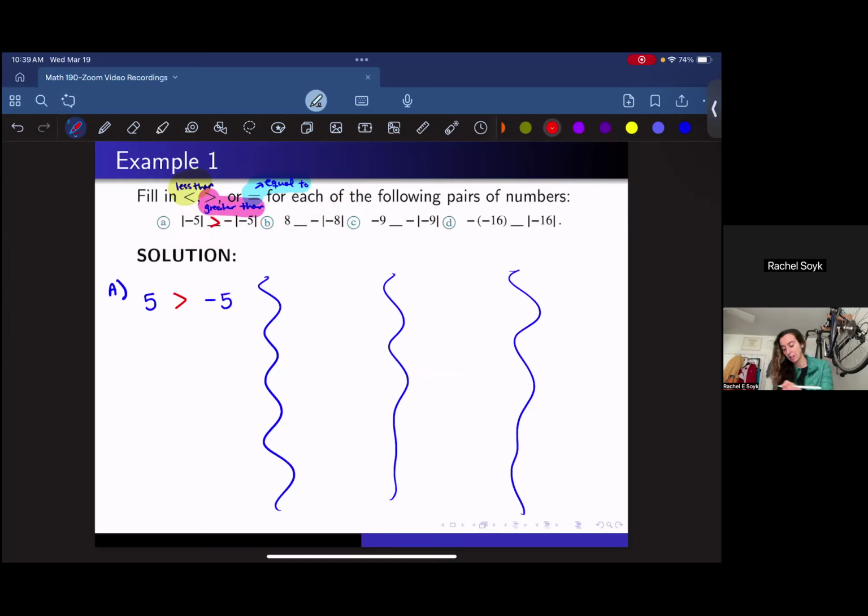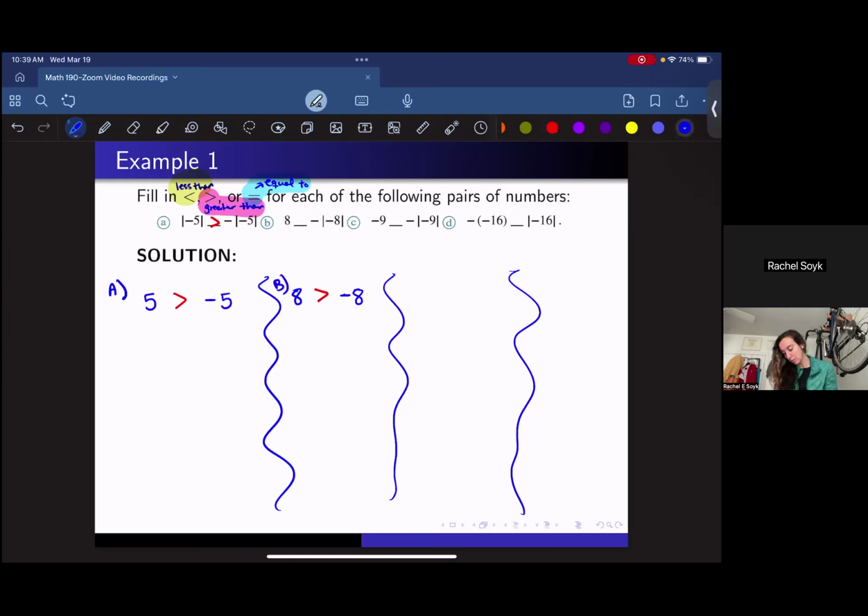Let's go ahead and look at part B. We have 8 on this left-hand side. And the right-hand side, we have the absolute value of -8 is +8. But then we once again have a negative in front of that absolute value. The comparison between 8 and -8 is that 8 is greater than -8.